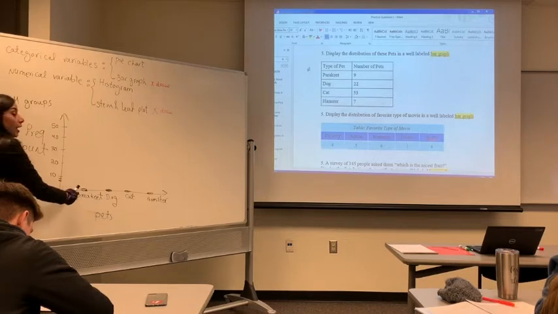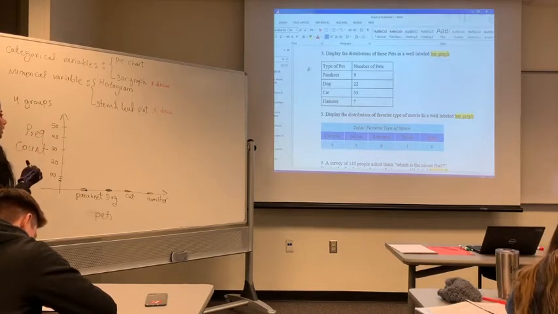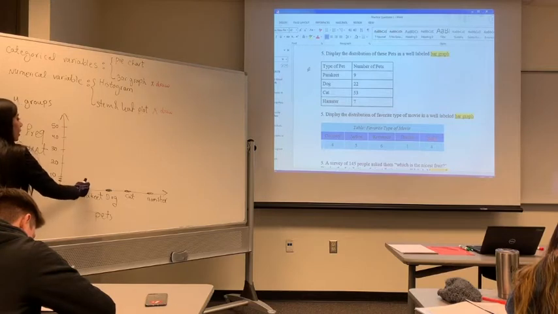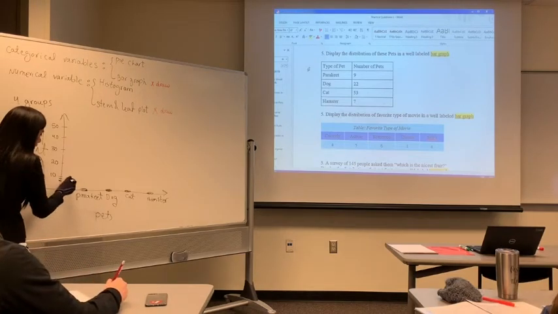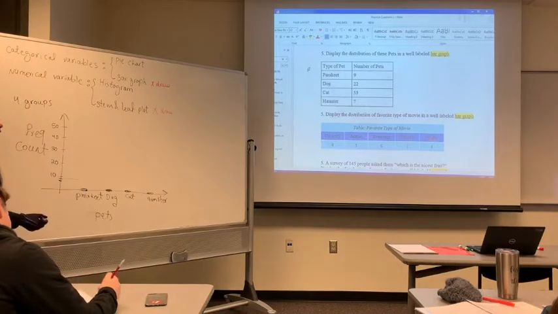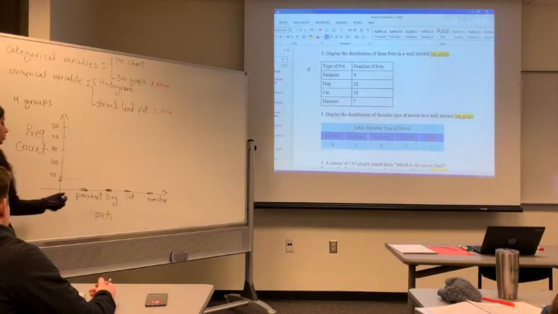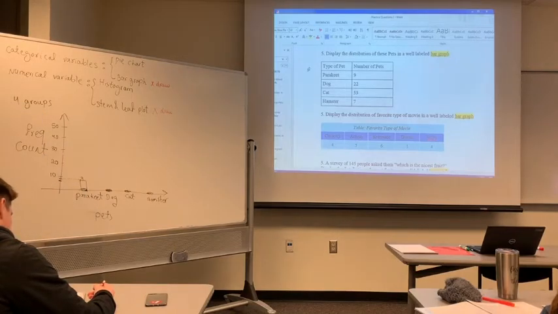Okay, so now I said we have bars, they are not connected, we have a gap between each bar, correct? So keeping all those things in mind, we will have a bar, and the height of the bar is important for us. This bird, we have 9 of them, and you can draw an imaginary horizontal line to show that this one is 9, correct?